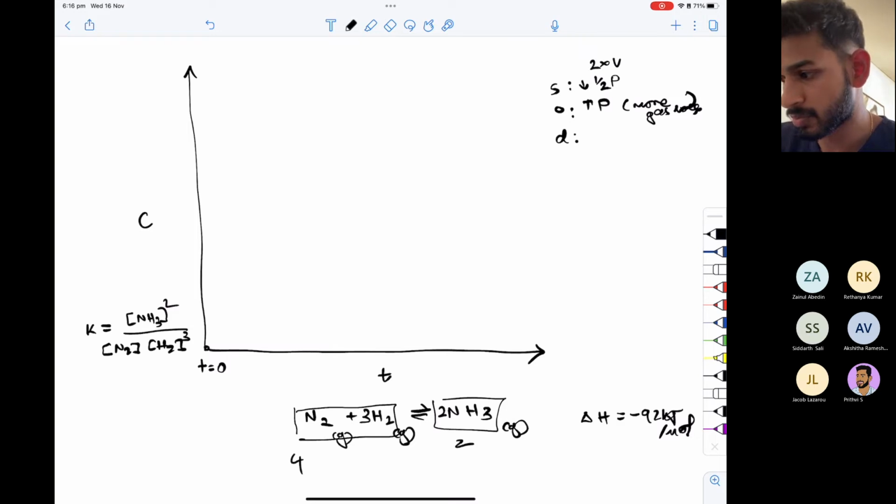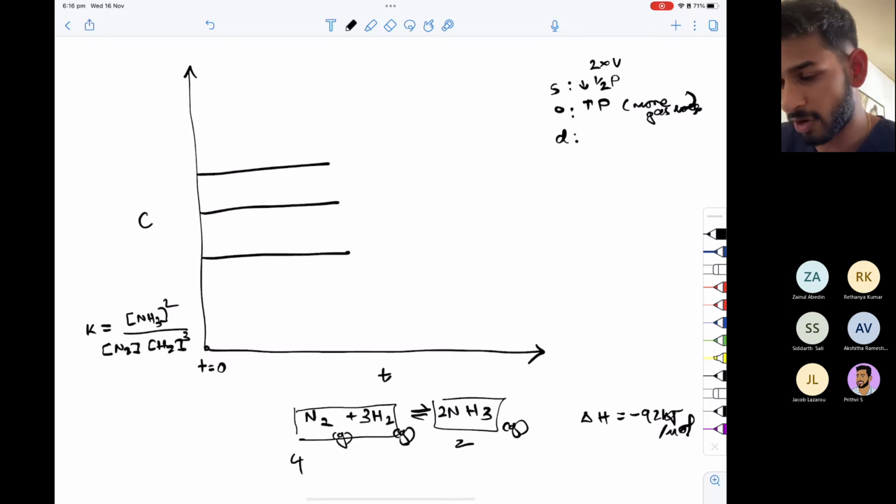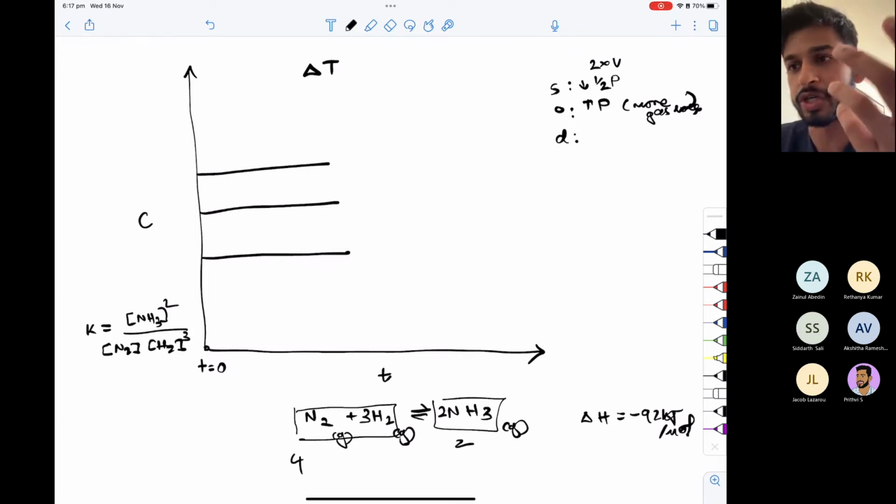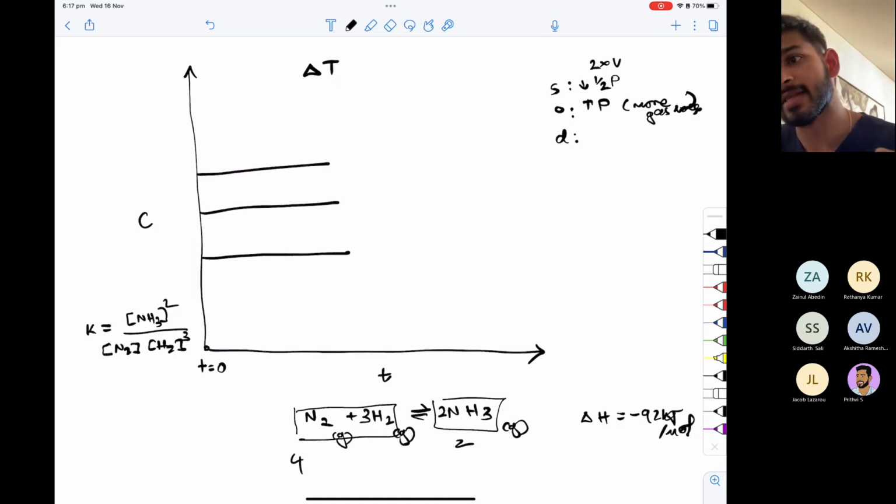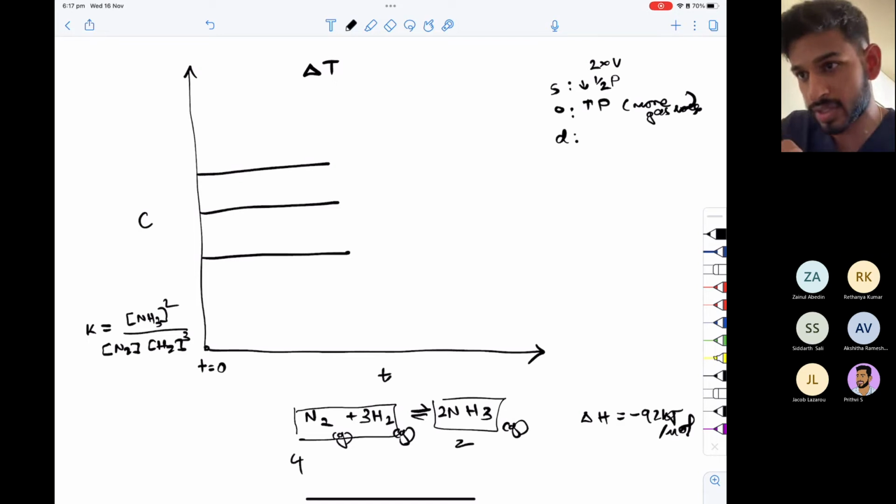Temperature. Very good, right? With temperature, the issue is when you change temperature, you don't immediately change K, unlike pressure. Did you see when you change pressure, you change all the concentrations, you immediately throw the K value off, and then the system tries to readjust to return to K.